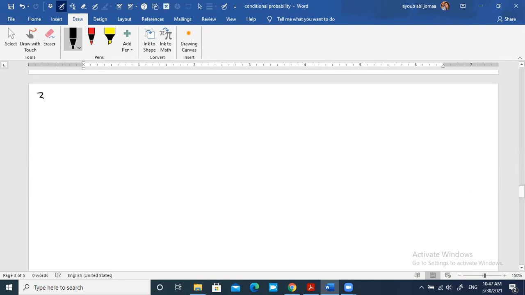Exercise number 3. They said the probability that a student studies is 0.75. Of course, this exercise, the statement may not please you much: a student who studies will pass, and one who doesn't study doesn't pass. I don't know, but this is the exercise.